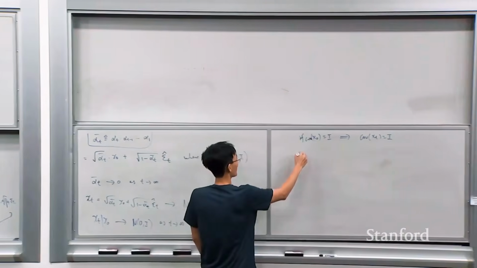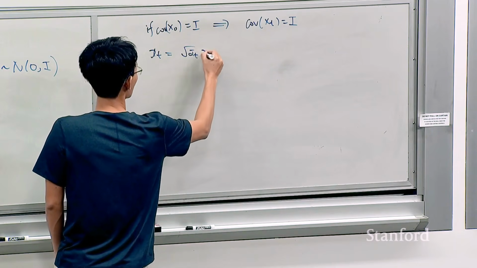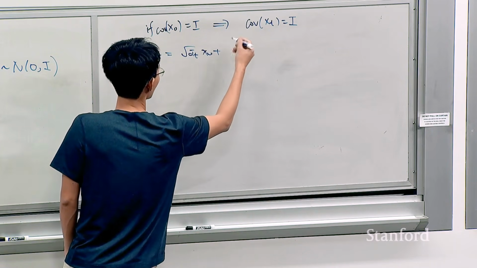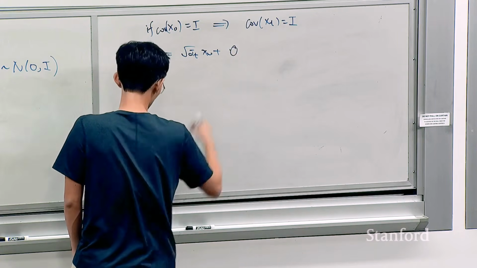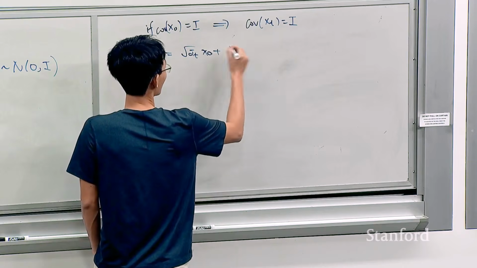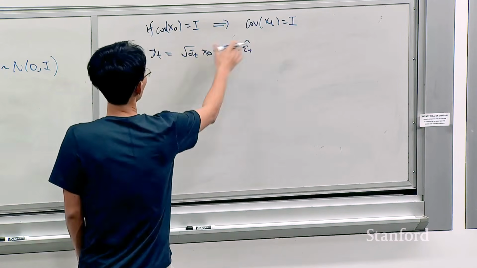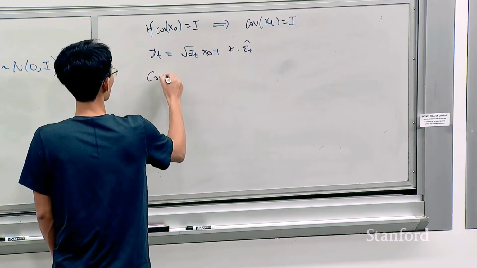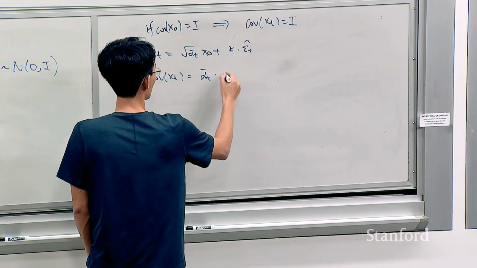You say xt is equal to square root alpha bar t x0 plus, let's say, kappa times epsilon hat t.